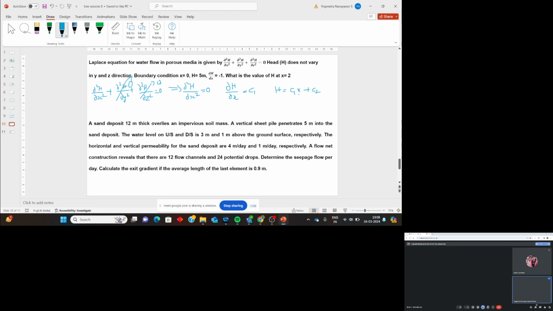So you substitute x equal to 0, c2 will be 5. Now you know dh by dx is equal to -1, so c1 will be -1. So the equation for h is equal to -x plus 5.